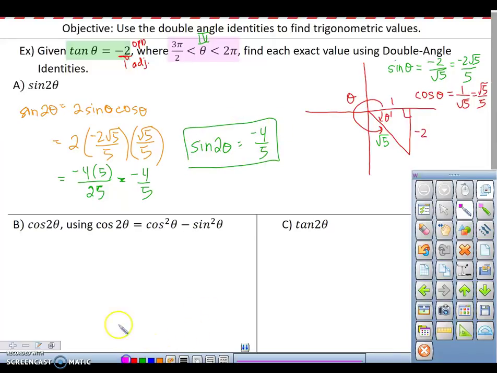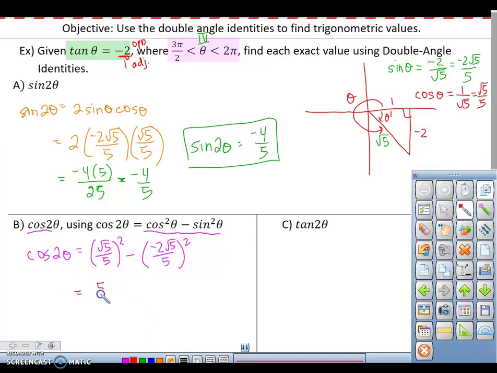For cosine of 2 theta, we are told to use this identity, cosine squared minus sine squared. So our cosine of 2 theta is equal to our square root of 5 over 5, quantity squared, minus our sine squared, which is negative 2 root 5 over 5. If you're using the rationalized form, you can use the non-rationalized as well.